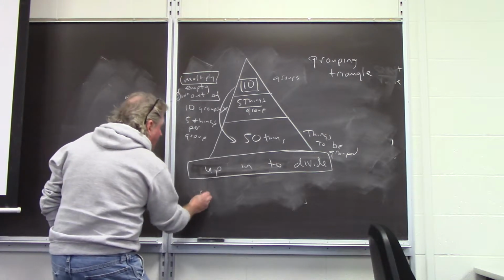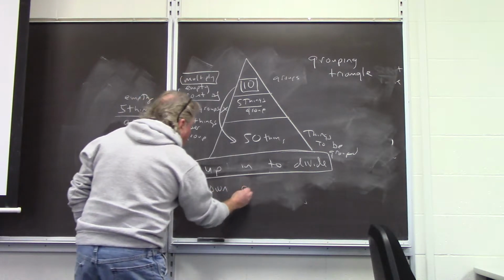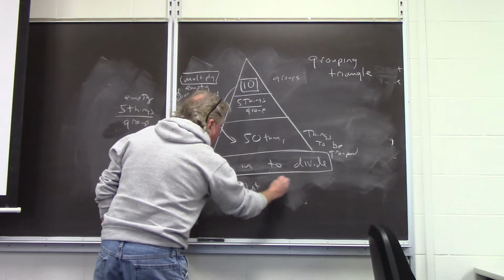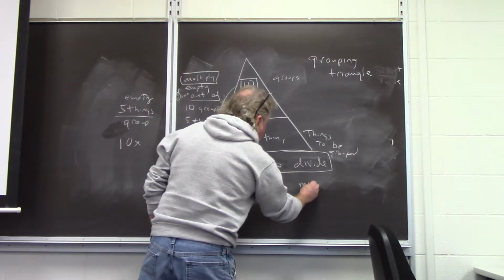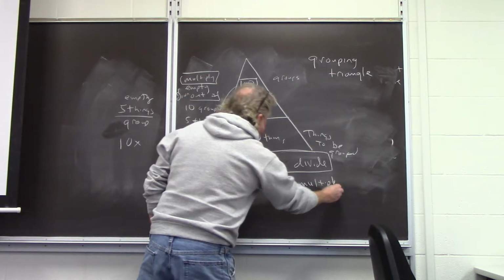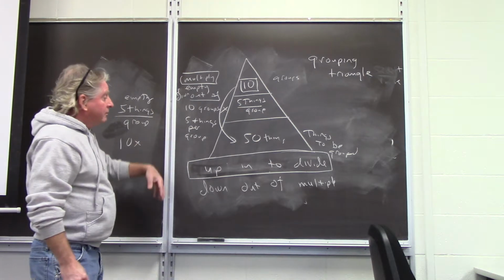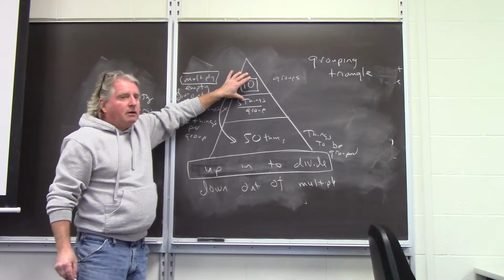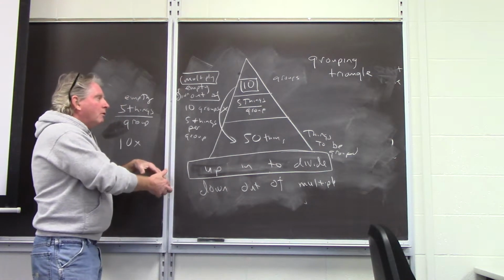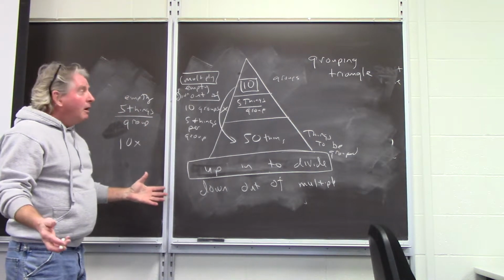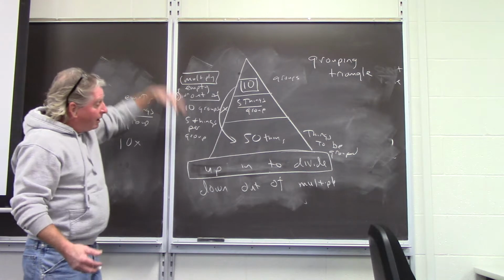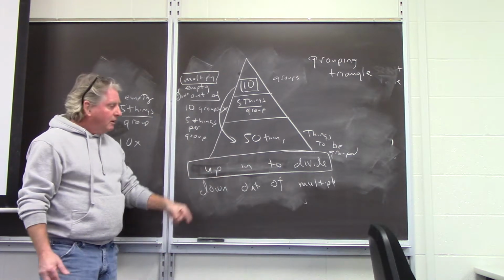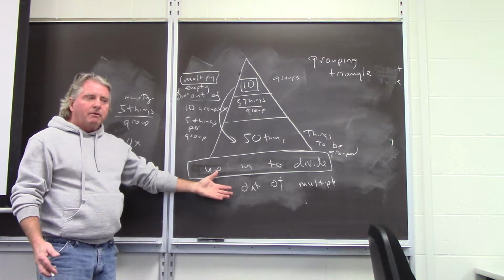And then we have down, out, of, or from, for multiply. The diagram shows us that we're going up to divide, and we're going into, and when we ungroup, we go down out of the groups, and we get many from them, multiply.